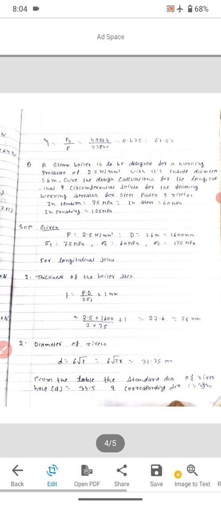We had already seen the design steps involved in both, and we had already seen the numerical on boiler joint.